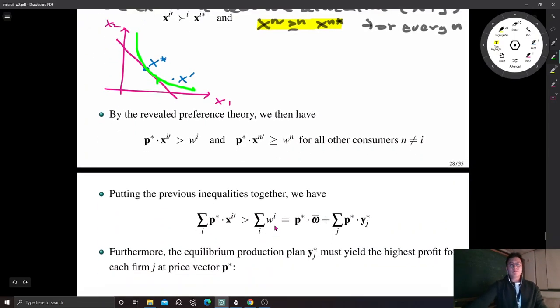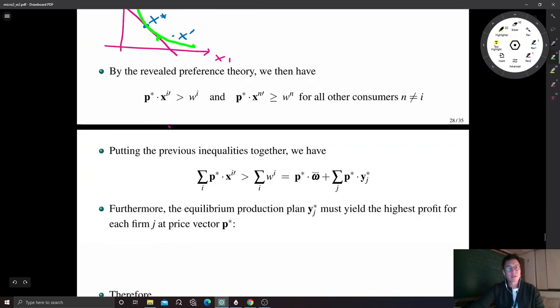All right. Now let me put all these inequalities together. Then what do we get? We have a total of I inequalities: for consumer i we have this strict inequality, and for other consumers we have I minus 1 weak inequalities. If we add all these inequalities together, on the right side we have the total wealth, consumer i's wealth plus the other consumers' wealth.